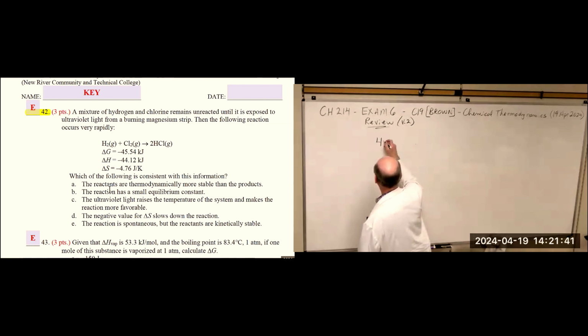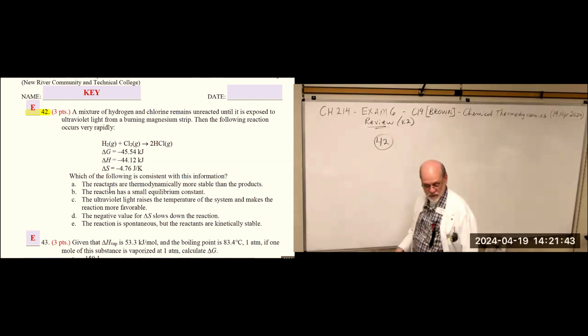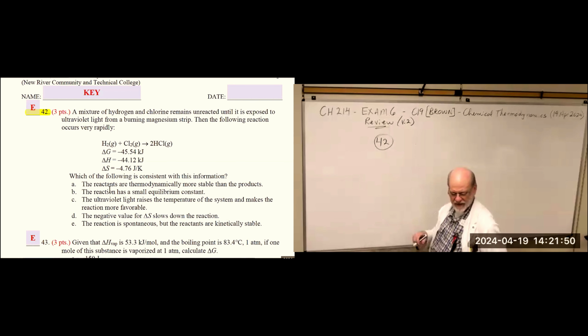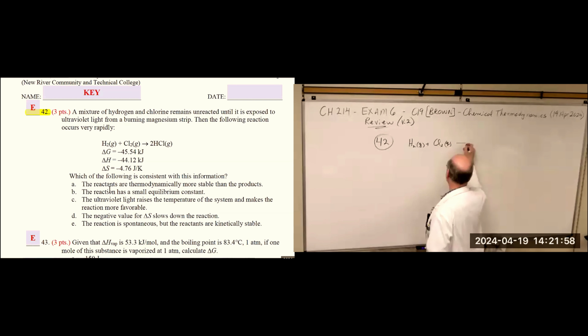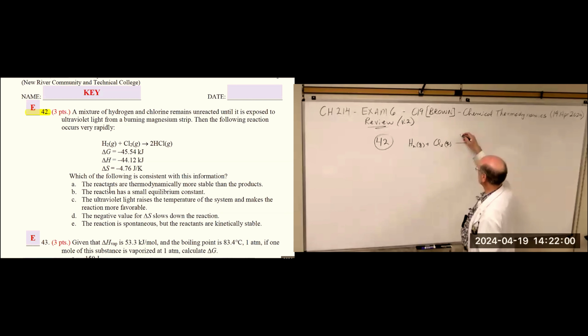Yeah. Let's look at 42. A mixture of hydrogen and chlorine remains unreacted until it is exposed to ultraviolet light. The mixture of hydrogen and chlorine is stable until we add ultraviolet light.